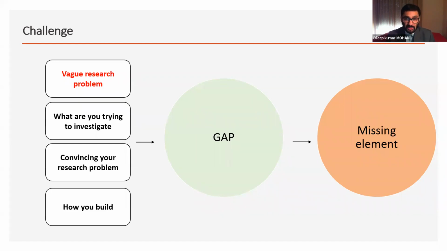It's not just the problem, but there is a reality, and that reality is circled around many sub-realities. Which are those realities and sub-realities, meaning which are those concepts and sub-concepts? Once you identify that, your research gap is precipitated, and that is leading to the missing element.